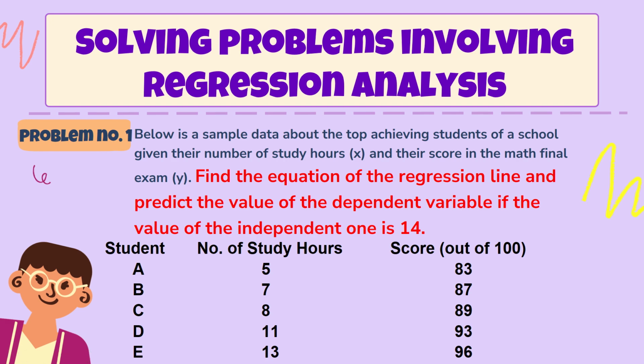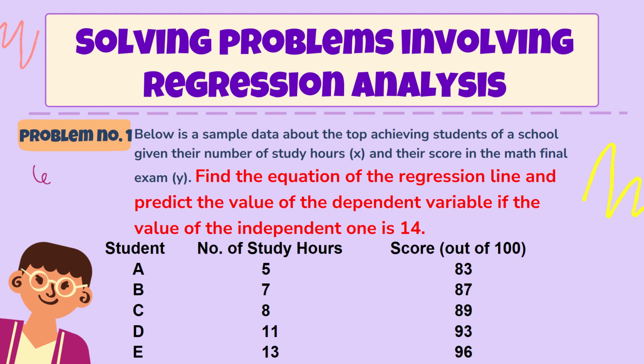Let us begin directly with the word problems. Let us all read this. You have these scores of the students, based on the independent variable, which is the number of study hours. They said that the more you study, the higher your scores, which is true.